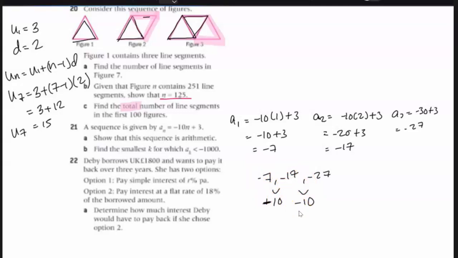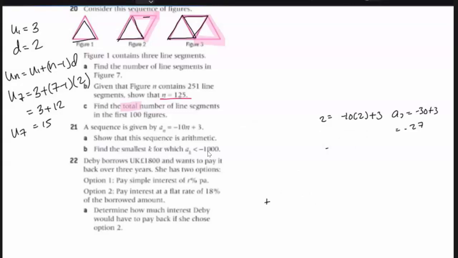Find the smallest k for which a of k is less than negative 1,000. So let me give myself space.